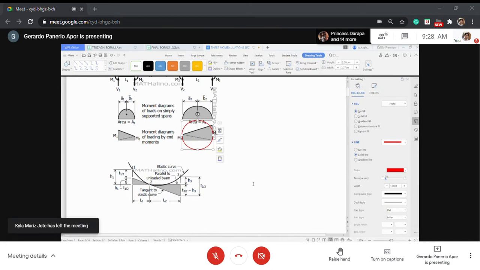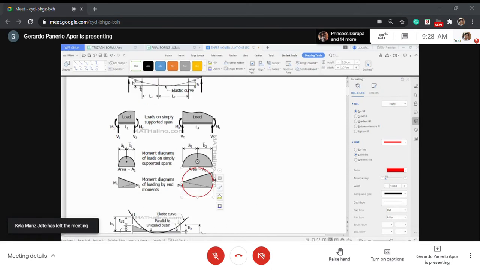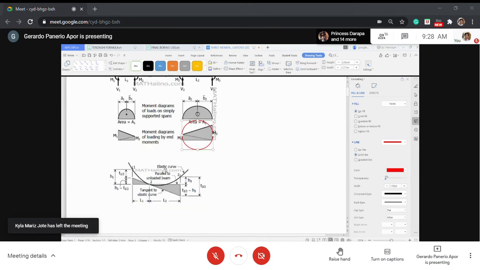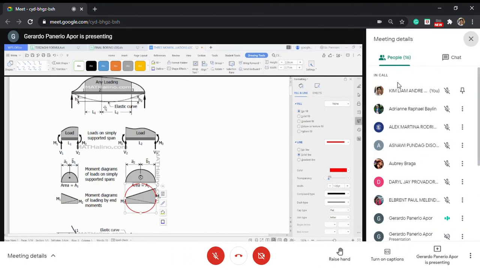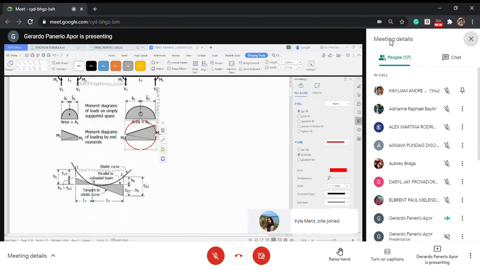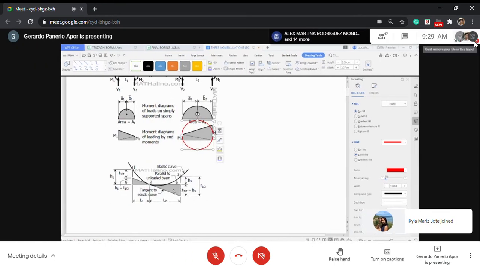So let us view the elastic curve of this one and 2. No, so this is 1 and 2. Okay. So 1, 2, 3. So this is 1, 2, 3 here. Then we do the tangent lines, the tangential deviation.